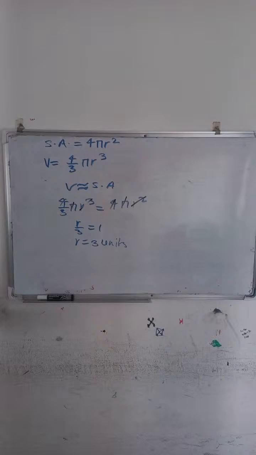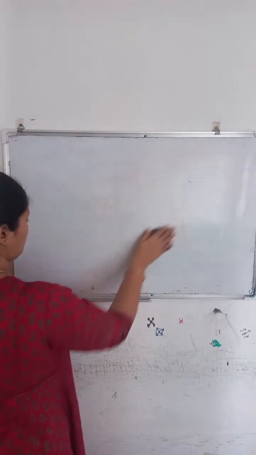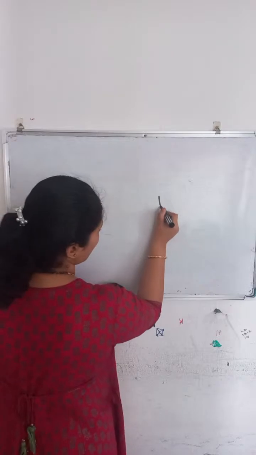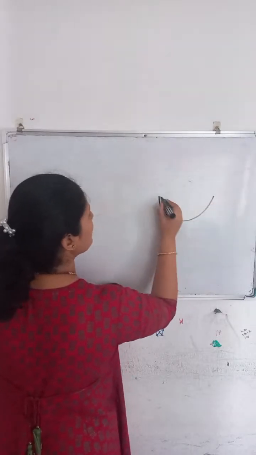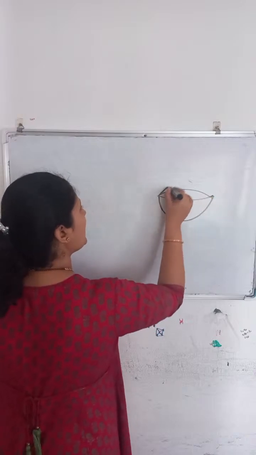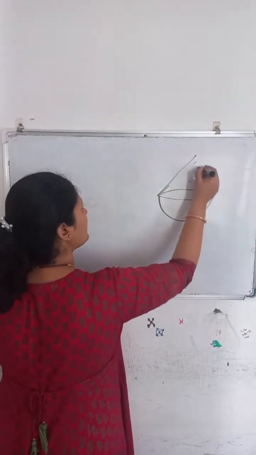So now here the question is that the wooden toy is in the form of a cone and it is surmounted on a hemisphere. Okay, so try to draw the diagram whatever you understood. Here the hemisphere is there like this, and this is the opening of the hemisphere, and this is a common opening for the cone as well as the hemisphere.